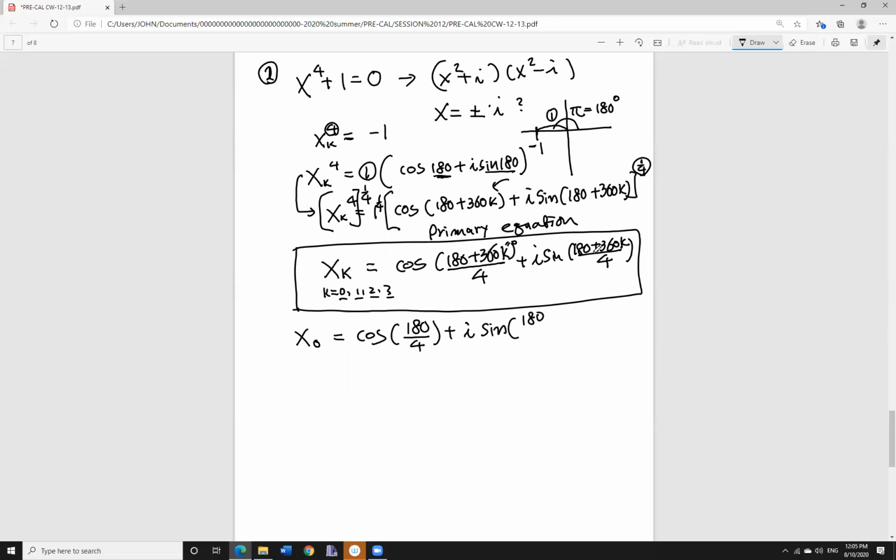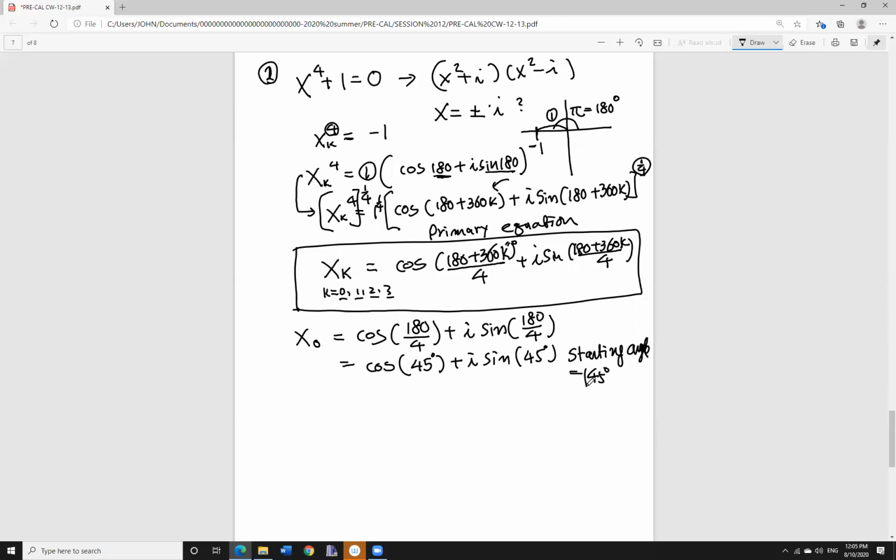It's the same angle, you don't have to calculate it twice. That is 45 degrees. So our starting angle is 45.